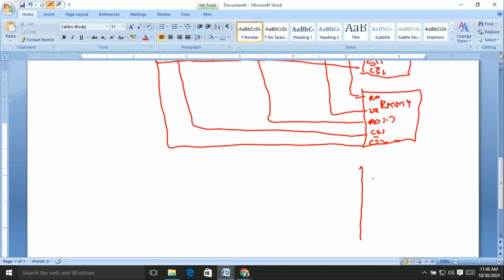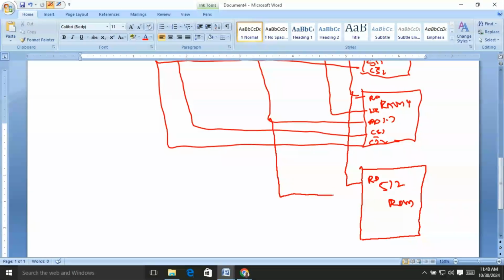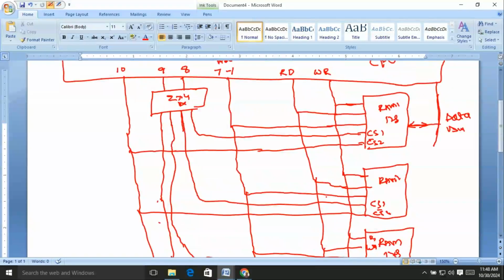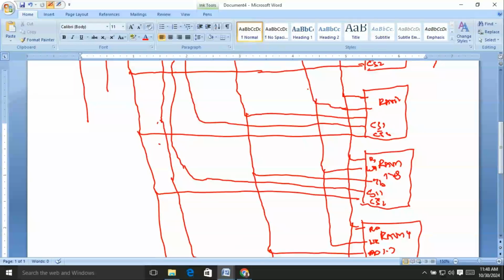Now we are going to connect the final one, the ROM chip. This is very important. This is the 512 bytes of ROM. For this also, there is only one signal, the read signal. There is no write signal. The 1 to 7-bit address lines are there, and the 8th and 9th bits of the address are directly interconnected to this ROM chip.